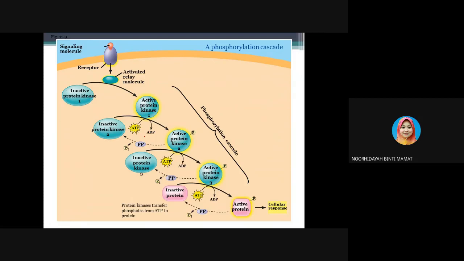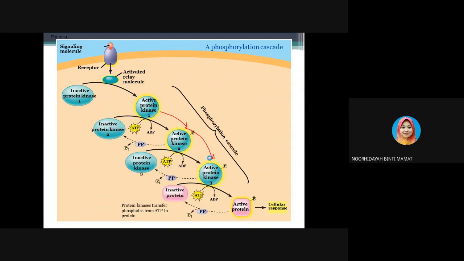The protein kinase will transfer the phosphate from the ATP, so it will become the active protein kinase. There are multiple steps, the same step repeated, from active protein kinase 1 to active protein kinase 2 to active protein kinase 3.